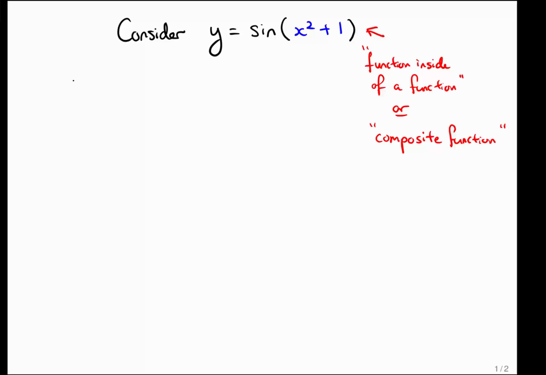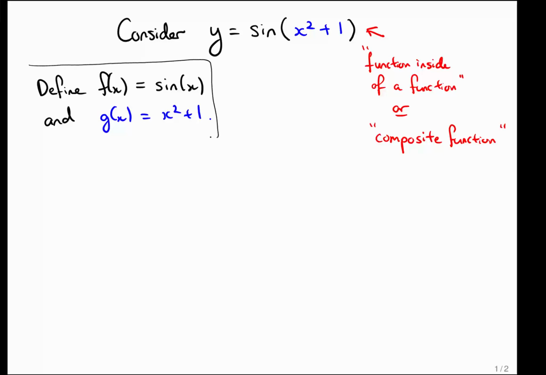To show this more rigorously, let me define f of x to be the standard sine function, sine of x. And let me define g of x to be the quadratic x squared plus 1. Then the sine of x squared plus 1 is therefore just the sine of the function g of x.